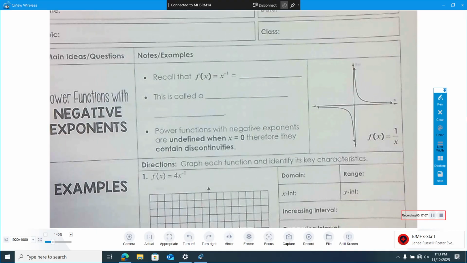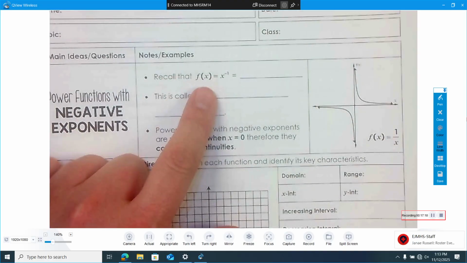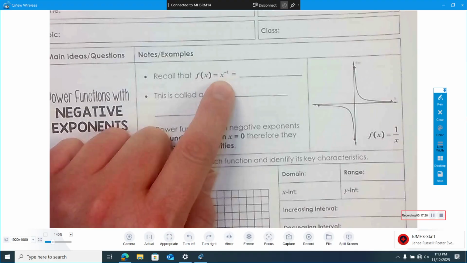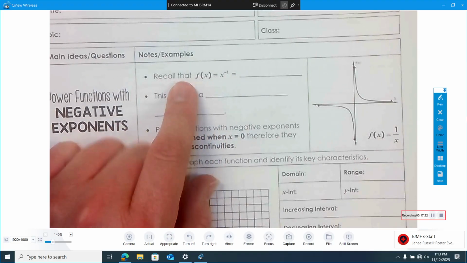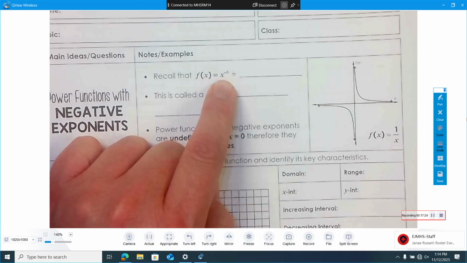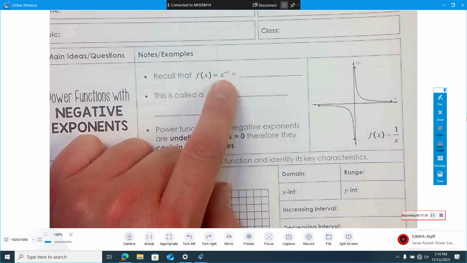So, in addition to power functions where the power is a positive integer, we could also have powers that are negative integers. And so we want to remember what happens when we have a negative power. X to the negative 1, what does it mean?